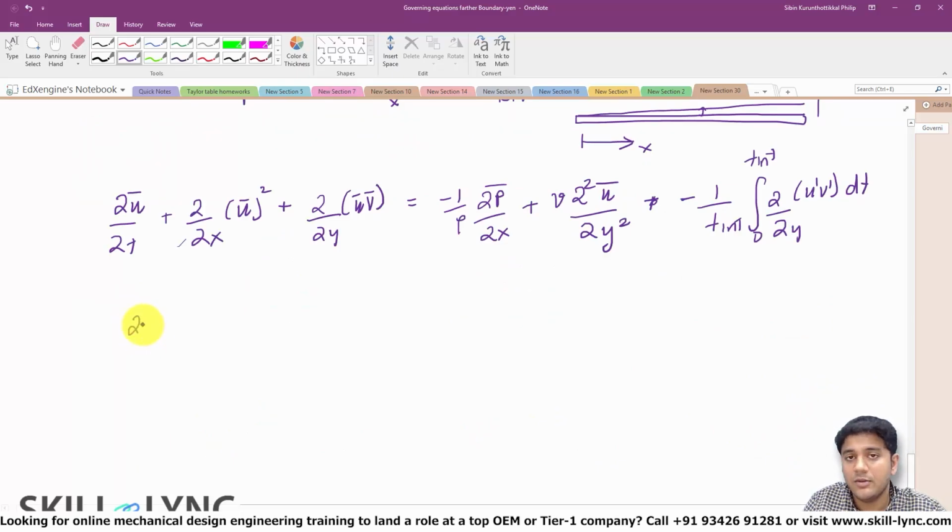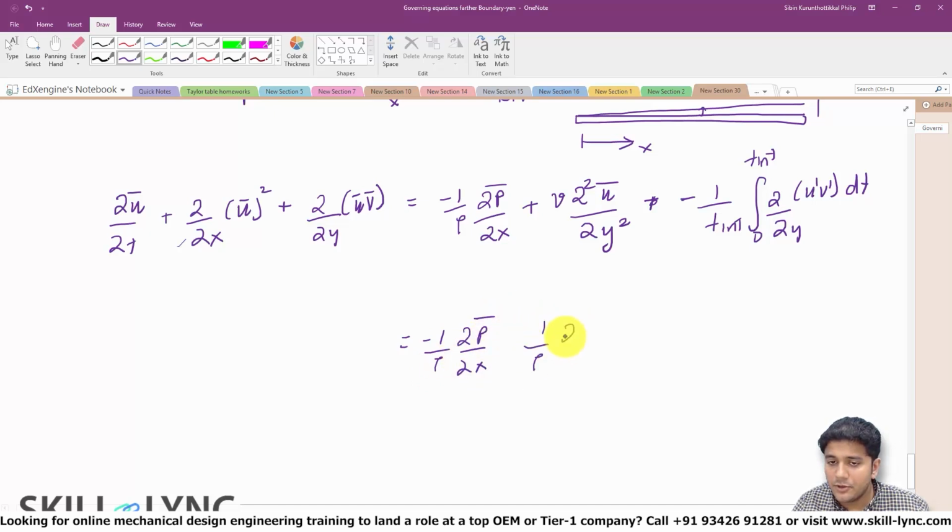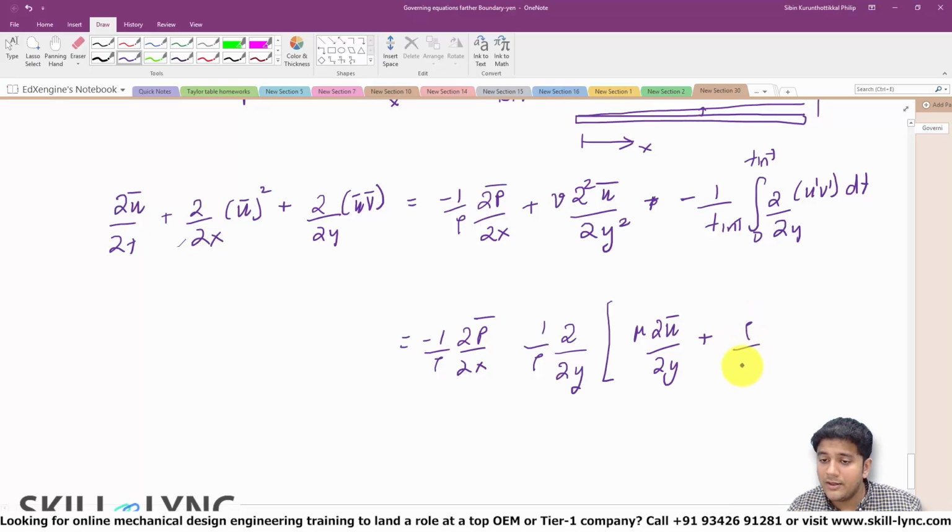One last simplification can be done to the right hand side terms. In the right hand side term, I can take 1 by rho times dou by dou y outside, and that is basically going to give me mu times dou u bar by dou y plus rho by T integral, and the derivatives and the integration can be interchanged.